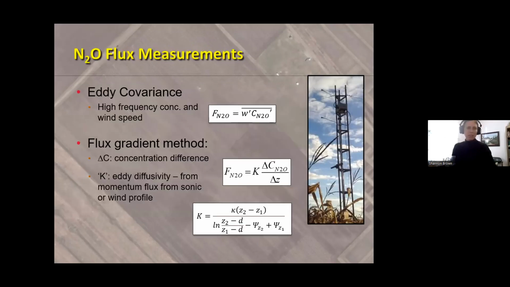The spatially integrated long-term flux measurements are typically done using eddy covariance methodology, where you have a high frequency concentration measurement with a high frequency wind speed, and also the flux gradient method. That's where a difference in concentration is measured with height, and then scaled by the degree of turbulence in the atmosphere, which is an eddy diffusivity.